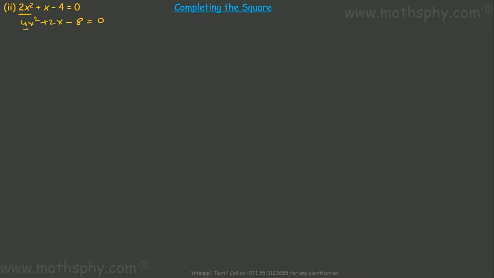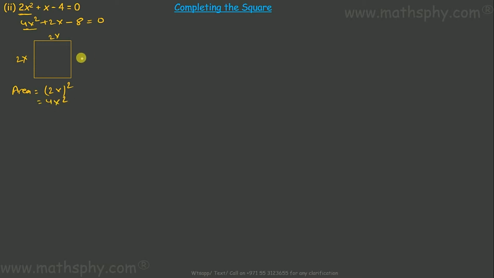Now this term here, 4, is a perfect square. Let's draw a square for 4x squared. This here is 2x, 2x. This is a square, all sides are equal. So area here would be 2x whole square, which is 4x squared.